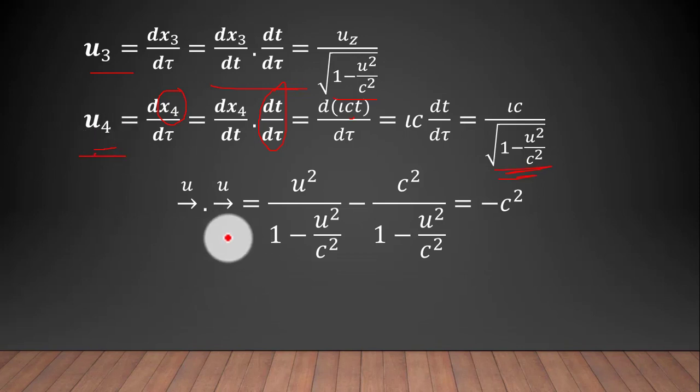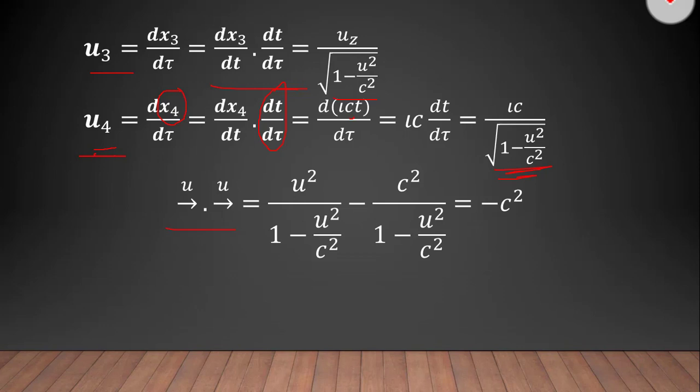Now suppose we are taking the dot product of two 4-vectors, that is, we are calculating u dot u. As you know, what we need to do is multiply each component by itself. u1 will be multiplied by u1, u2 by u2, u3 by u3, and u4 by u4. u1 is basically ux upon the square root of 1 minus u square over c square.